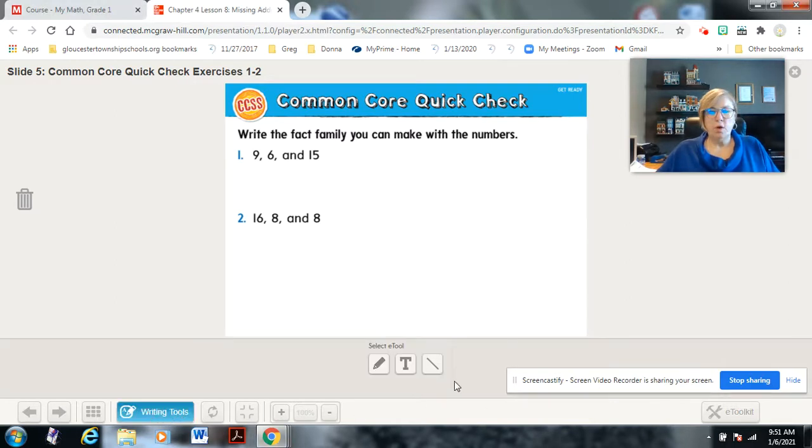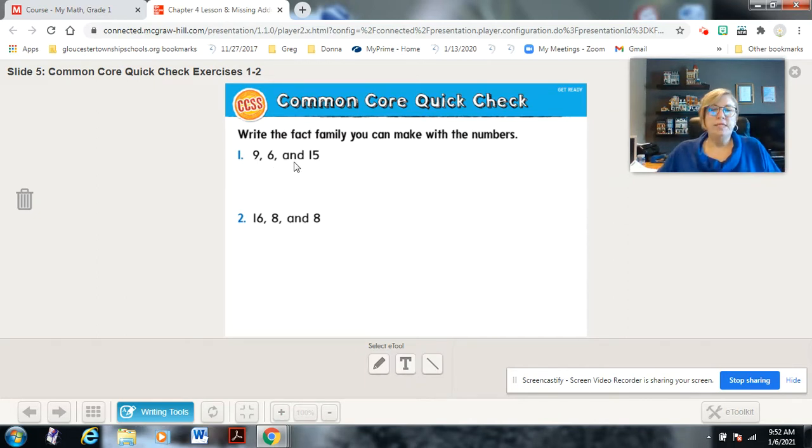Okay, so for our practice here, they want us to write the fact family that you can make with the numbers. As we did yesterday, we learned that a fact family uses the same 3 numbers. I'm going to ask you a question or say something, and I want you to turn to somebody and tell them.